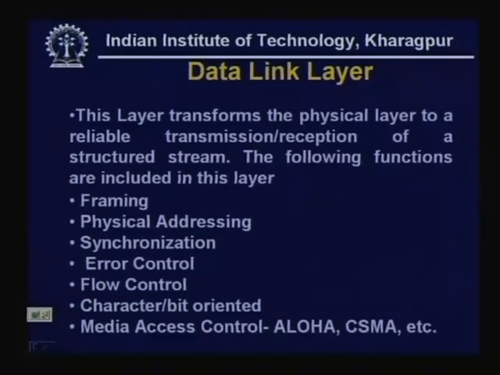The functions performed are framing, physical addressing, synchronization, error control, flow control, and it also decides whether the transmission will be character oriented or bit oriented. And as we shall see, whenever communication is taking place among multiple users, it will do medium access control. That means a medium is shared by a large number of users.